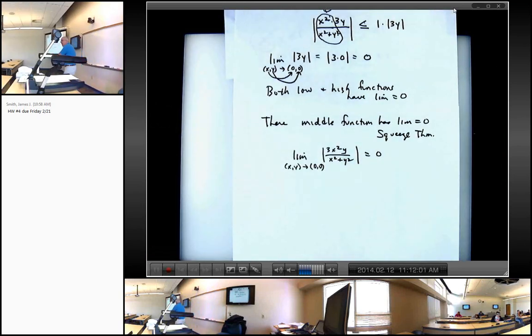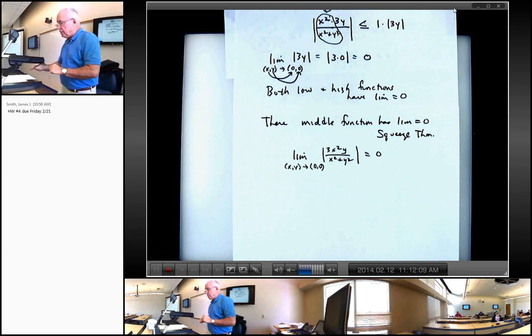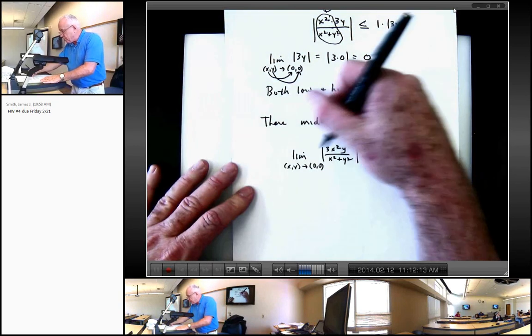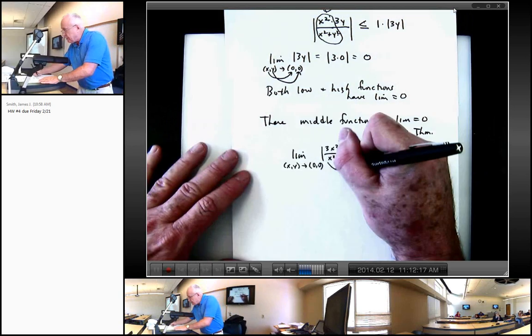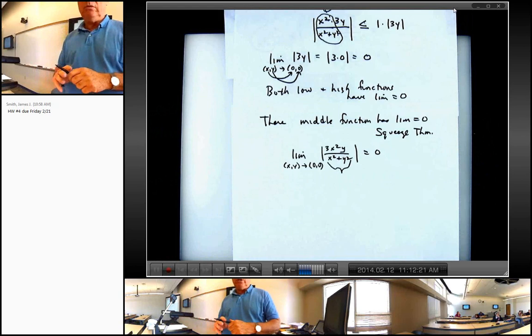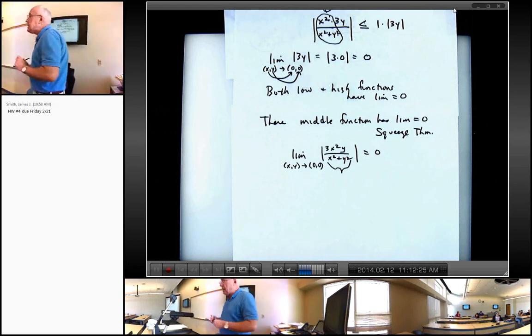Now, if the absolute value of something has a limit of 0 as we approach 0, what can I say about the limit of just what's inside the absolute value? It has to equal 0, right? It can't be anything else.